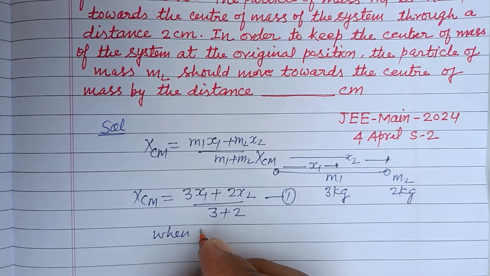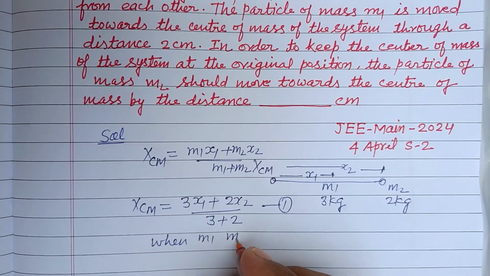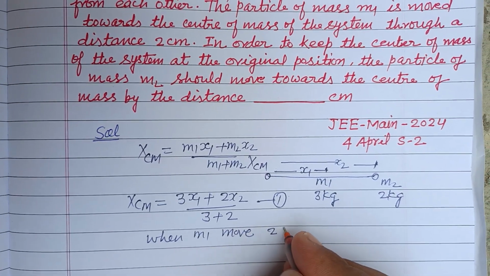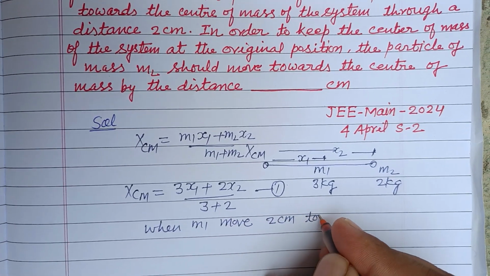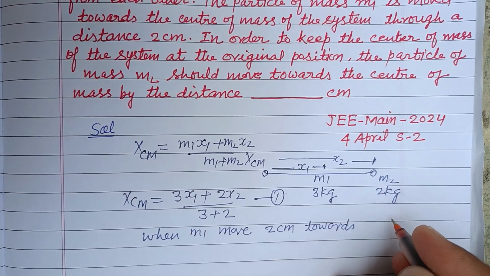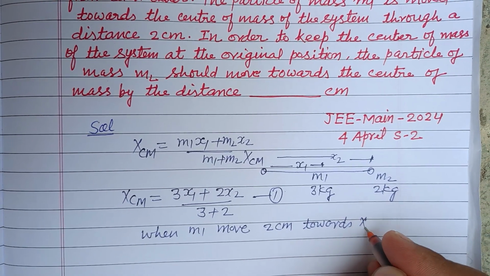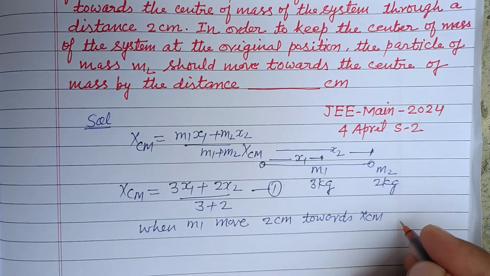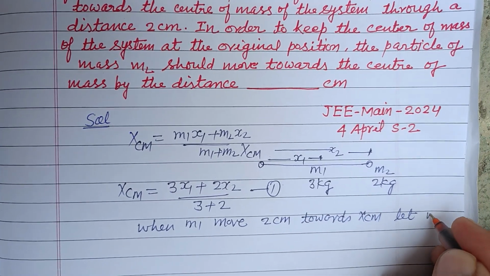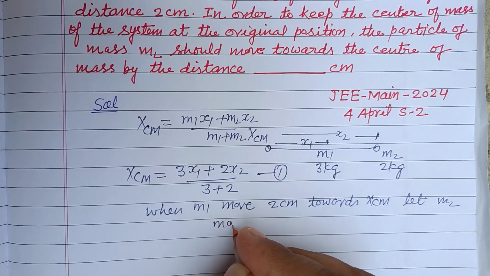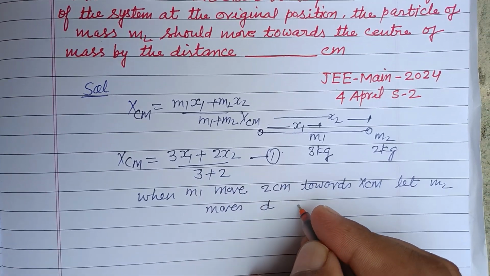When m1 moves 2 centimeter towards the center of mass xcm, let m2 move d distance.